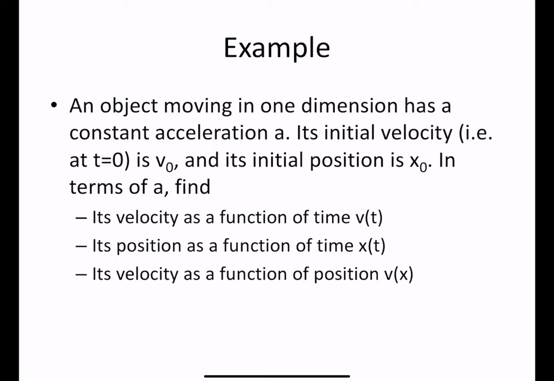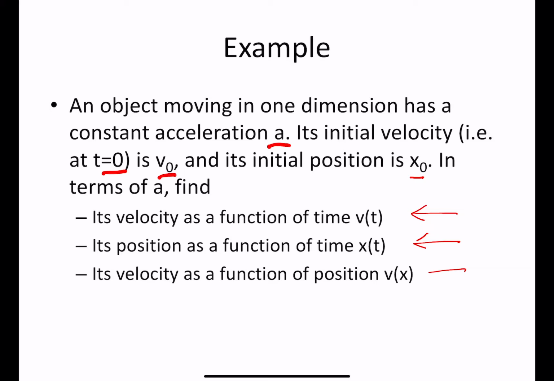We are going to look at a situation where an object is moving in one dimension and has a constant acceleration, a. We know its initial velocity, I mean initial meaning at time t equals 0. We know what its velocity is and we know what its position is. And then in terms of these quantities a, v0 and x0, we want to find its velocity as a function of time and its position as a function of time.